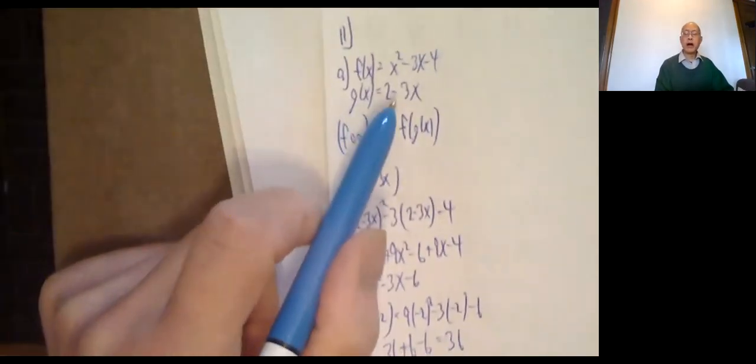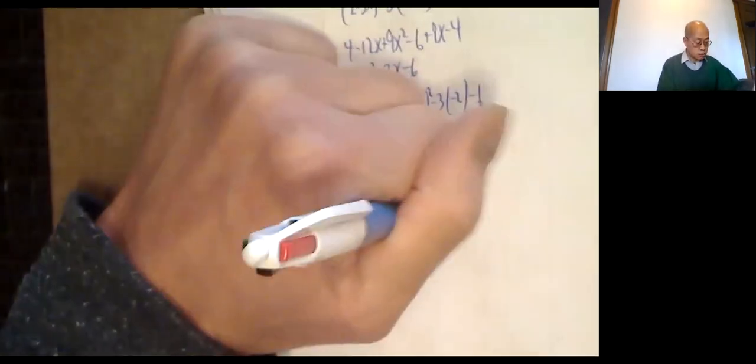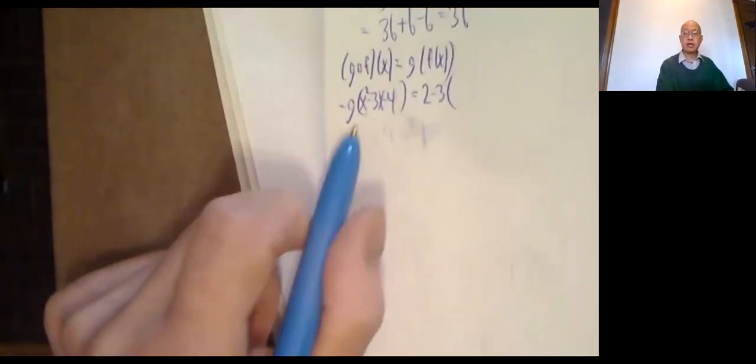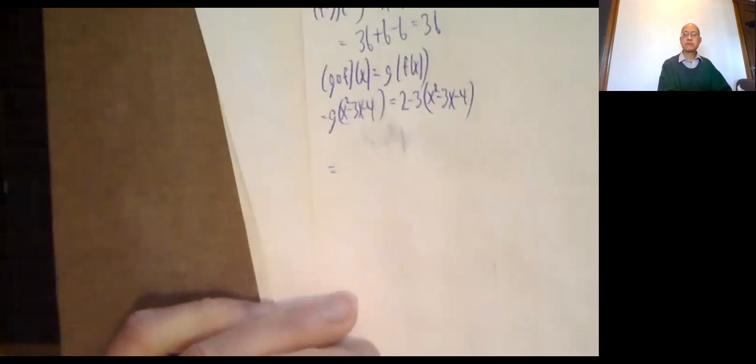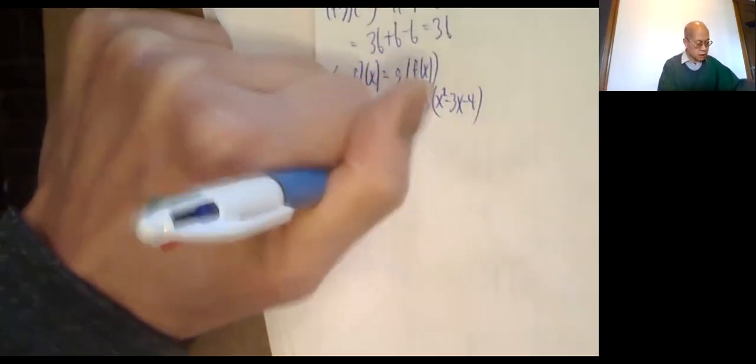And what does g do? g goes 2 minus 3 times whatever's inside parentheses. So distribute: 2 minus 3x squared plus 9x plus 12.